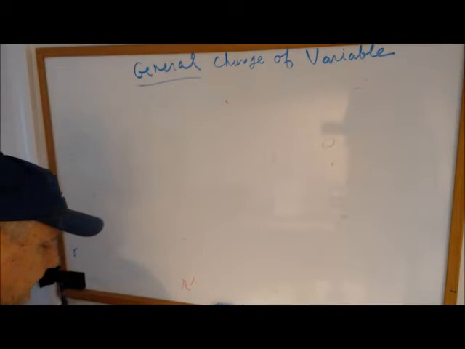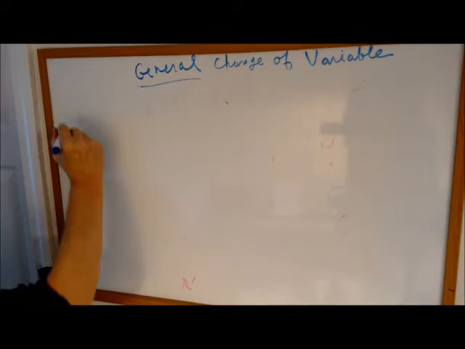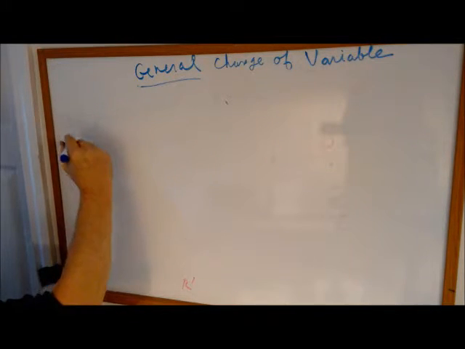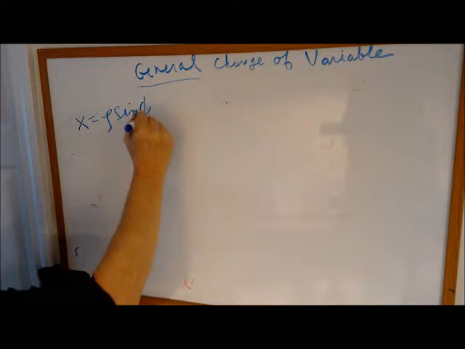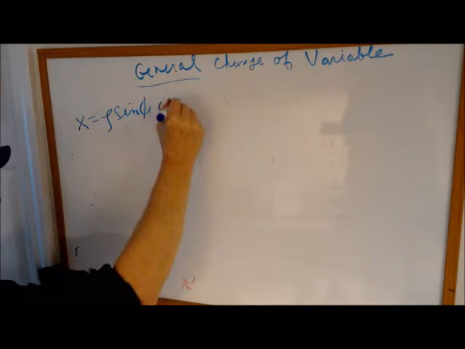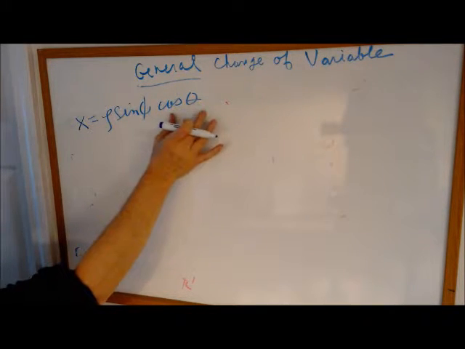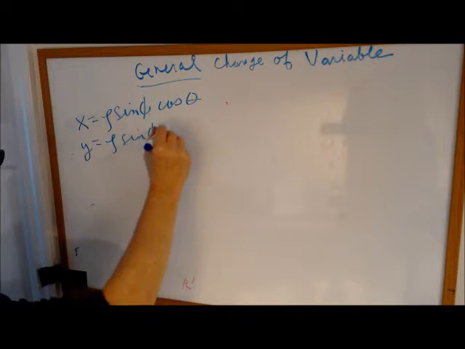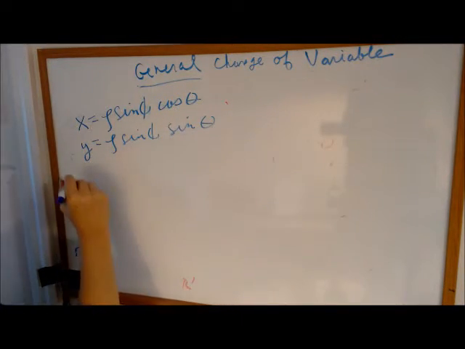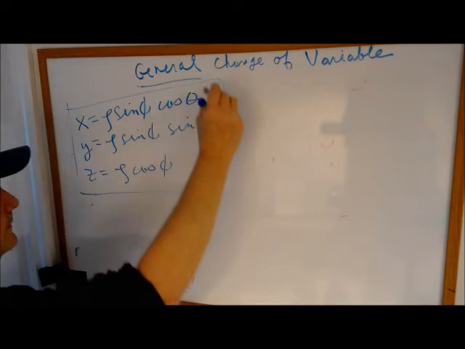You remember in spherical coordinates, the formula to do the transformation where x equals rho sine phi cosine theta. You know, it's a lot like r cosine theta. Then we have y is rho sine phi sine theta. And z was rho cosine phi. So this was our transformation.